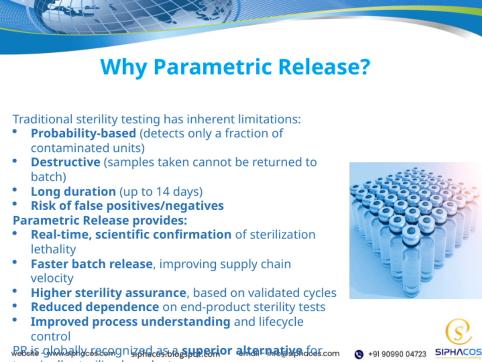It reduces our dependence on end product sterility tests, which are limited and time-consuming. Additionally, it helps us gain better process understanding and life cycle control, so we can optimize and monitor sterilization more effectively. Globally, PR is recognized as a superior alternative, especially for terminally sterilized products.